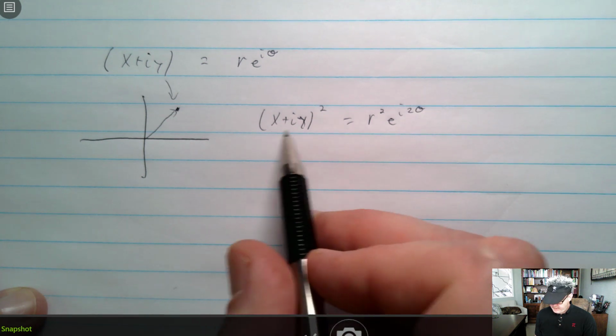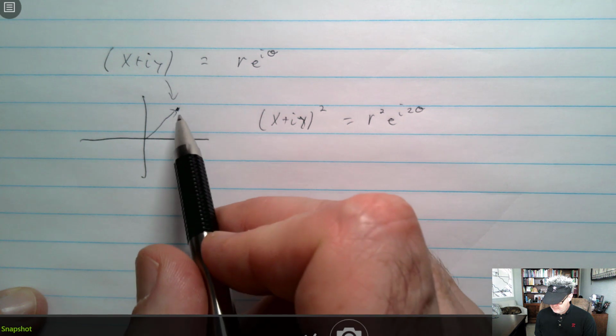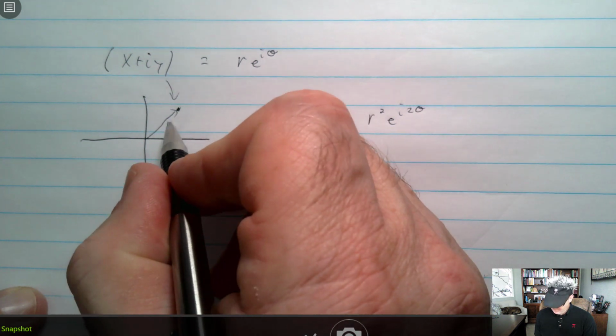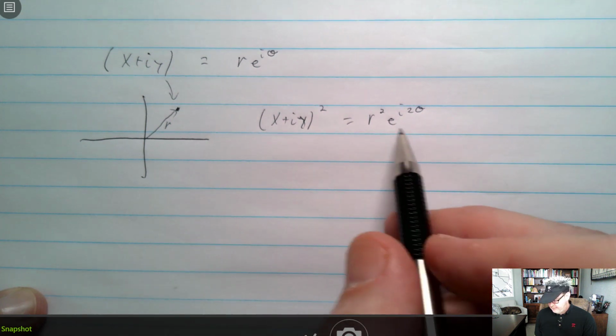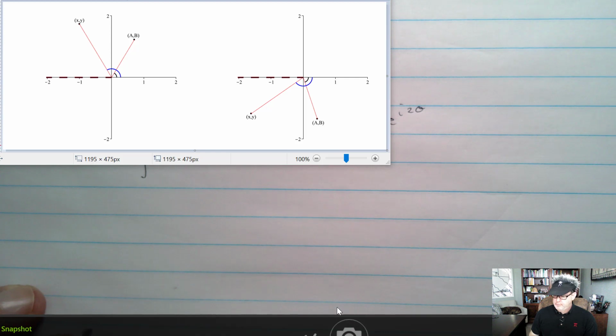If I square it, the distance is now r squared away, where before it was r, and the angle is going to end up being double. So I started with the point (a, b), or a plus bi. If this was root 2 away from the origin, then the new point is 2 away from the origin, and the angle is double.